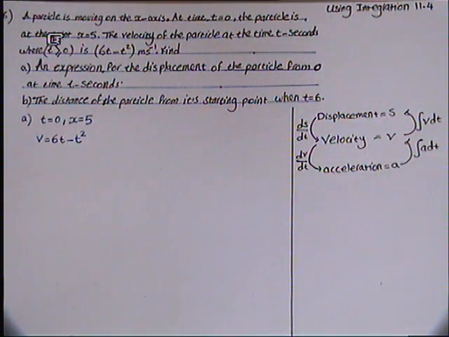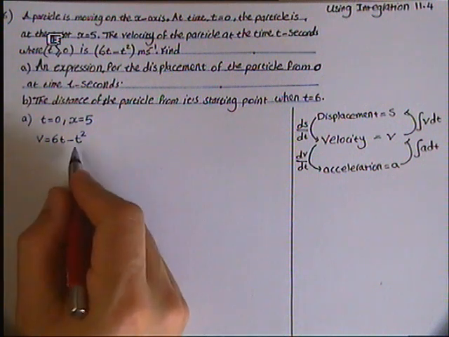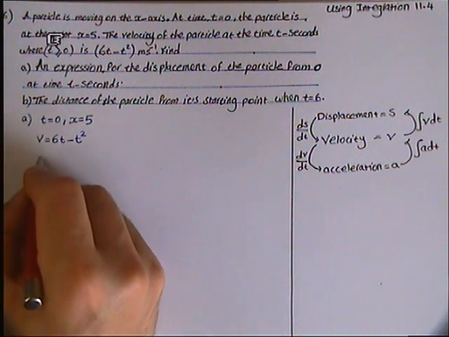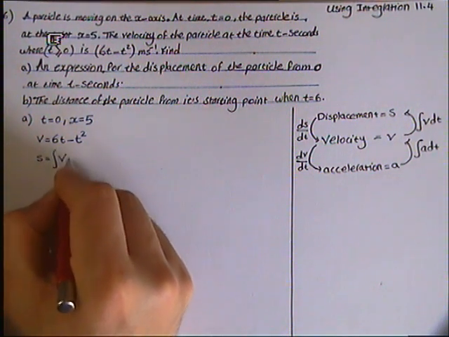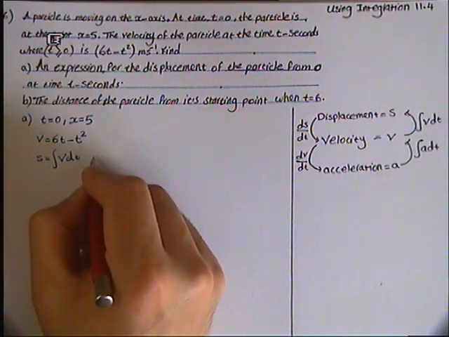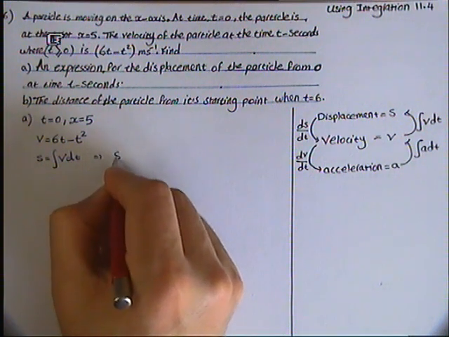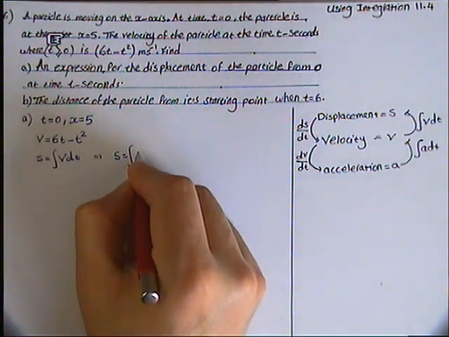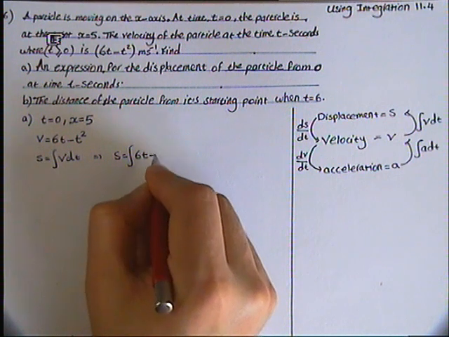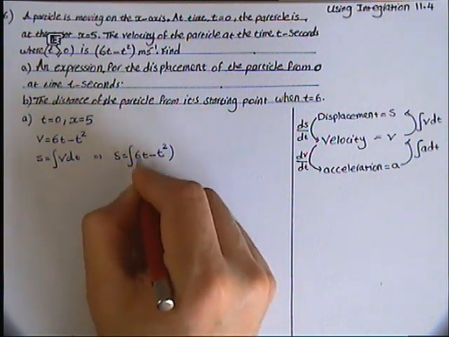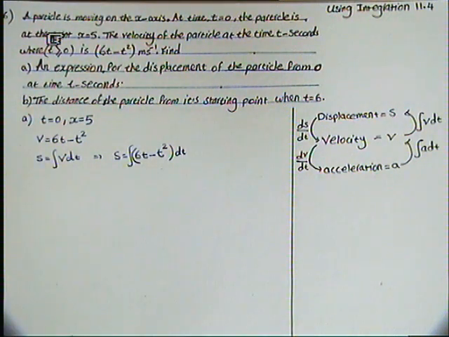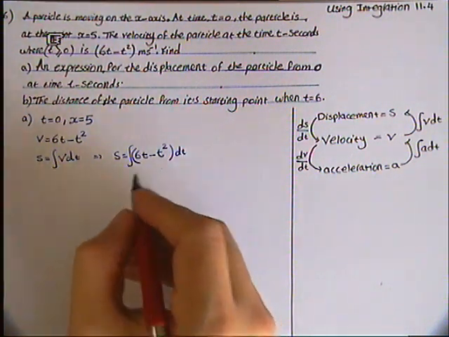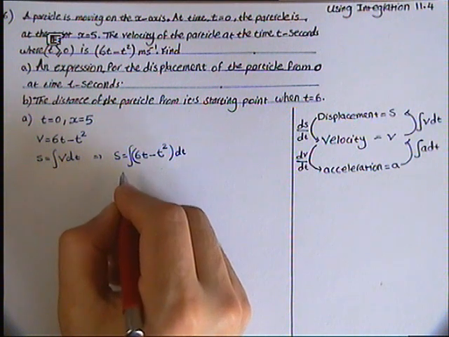To find the formula for displacement, all we need to do is integrate the velocity. So S is equal to the integration of velocity with respect to time. Therefore, S is equal to the integration of 6t minus t squared with respect to time. Now we should know this from pure maths.